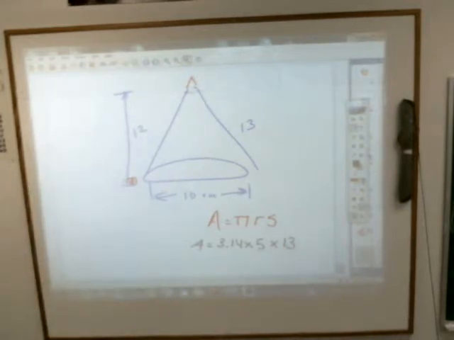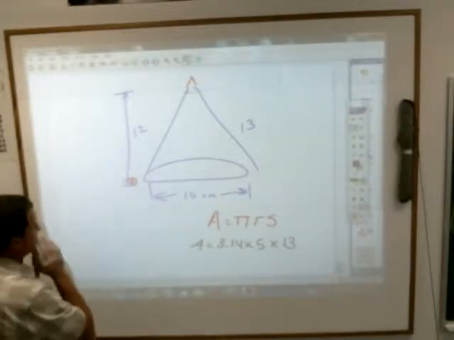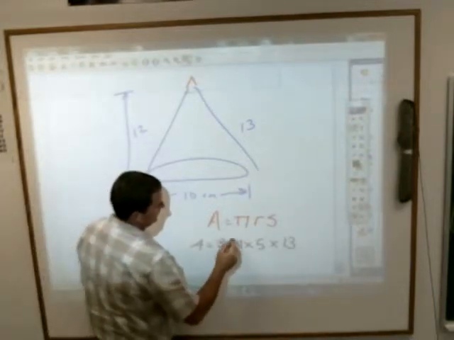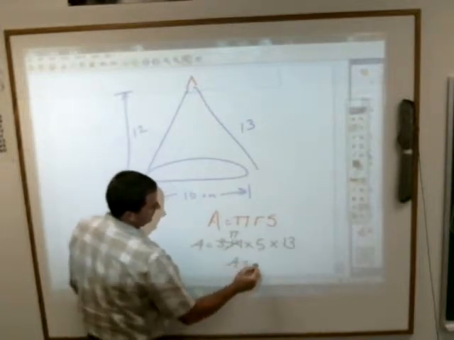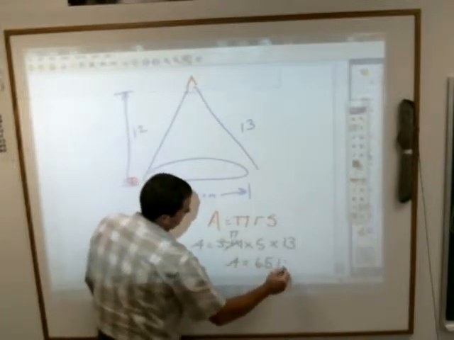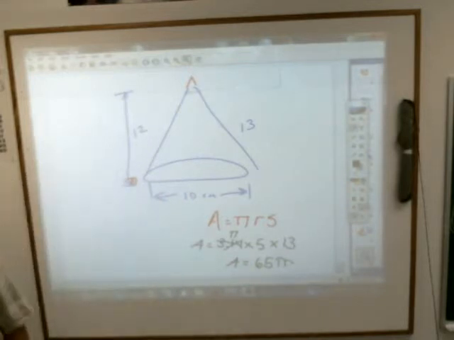And everybody loves to do 65. Oh, look at the book. Let's just leave it in terms of pi, can we? Make everybody's life easier. Area equals 65 pi.